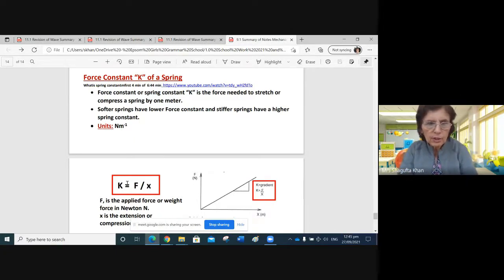And what is spring constant equal to? Force divided by x. If we draw a force extension graph or force compression graph, then the gradient F over x gives us the spring constant. Now the unit is Newton per meter. Remember for torque, it was Newton meter. So the unit for spring constant is Newton per meter.